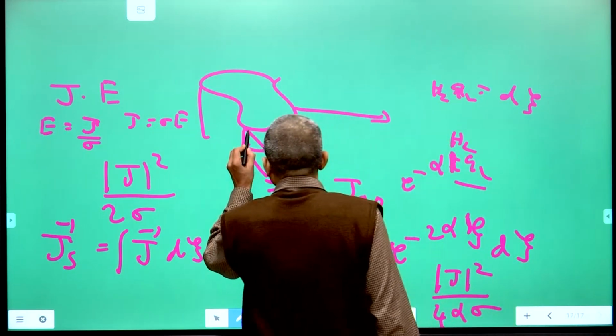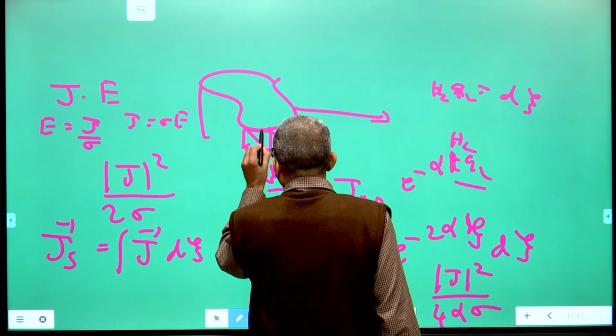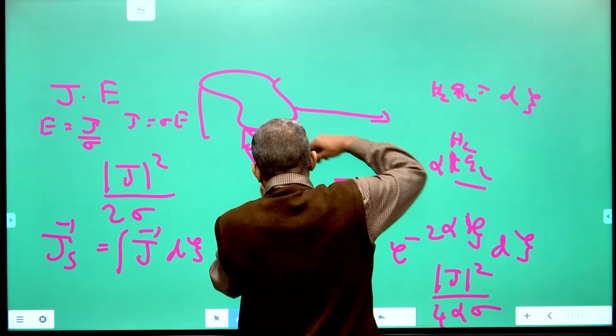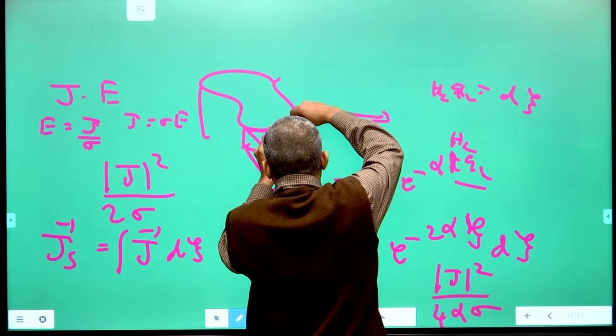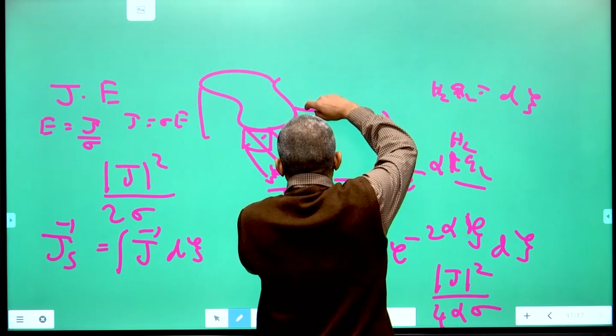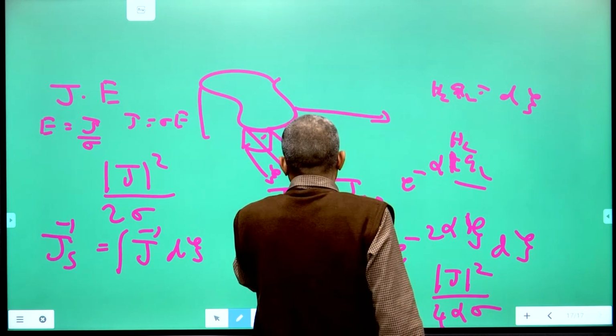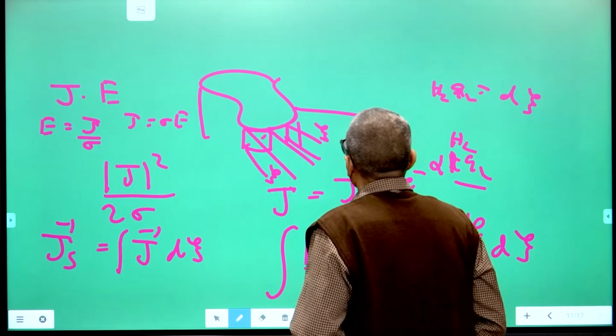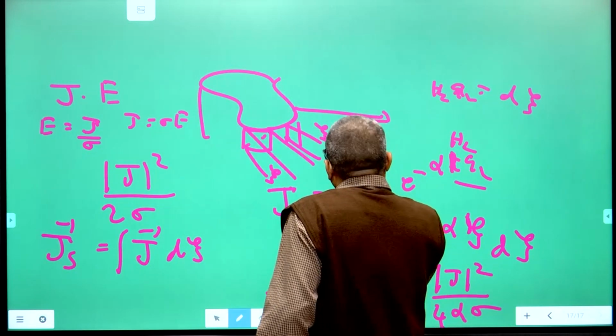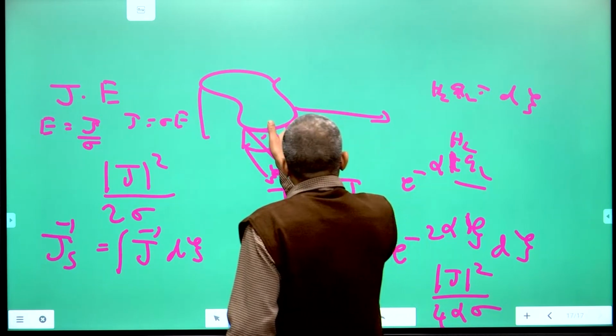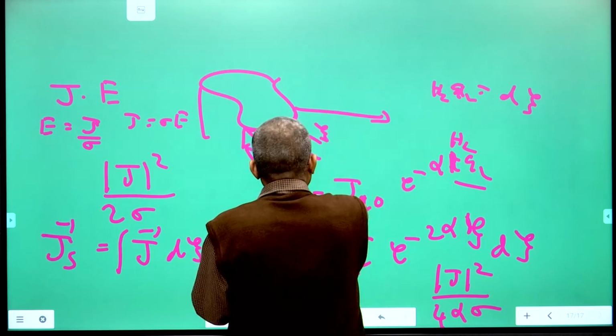Per unit length, you have to integrate with respect to xi, which gives you the length along the normal xi, that is the area, and the total current through this area is J d xi.